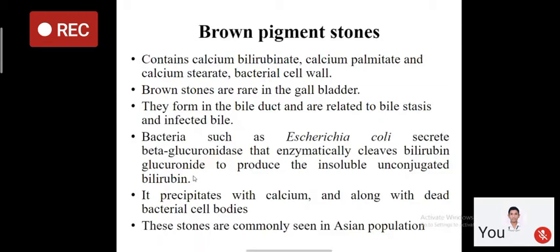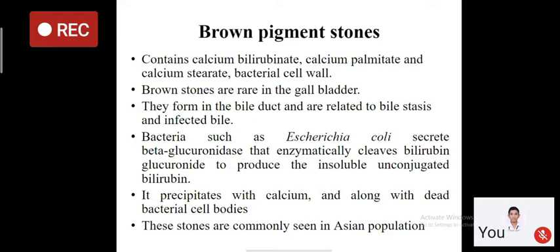Usually in the bile, bilirubin is in the conjugated form. So when there is superadded bacterial infection, this enzyme beta glucuronidase is released, which cleaves the conjugated bilirubin into unconjugated bilirubin, which is insoluble, and this insoluble unconjugated bilirubin gets deposited to form the stone.